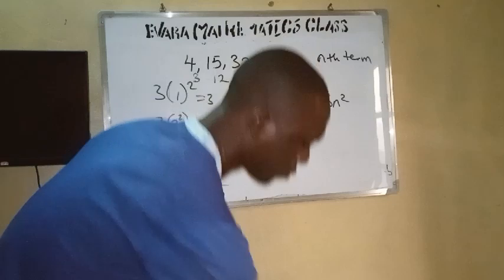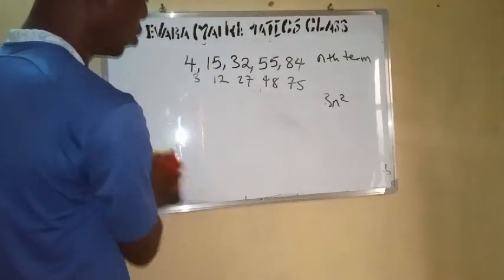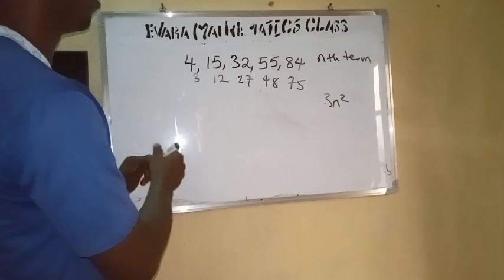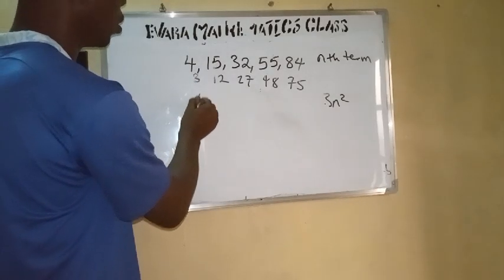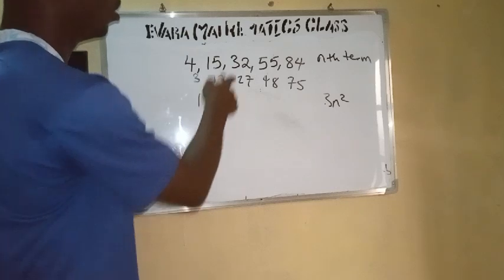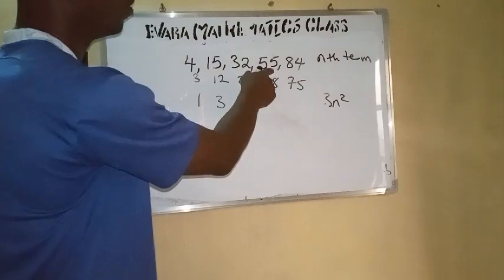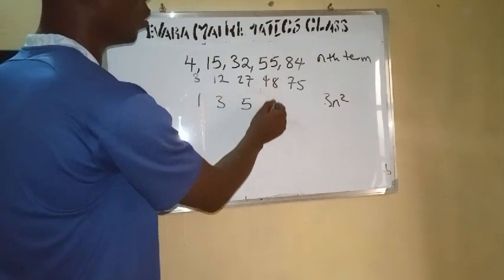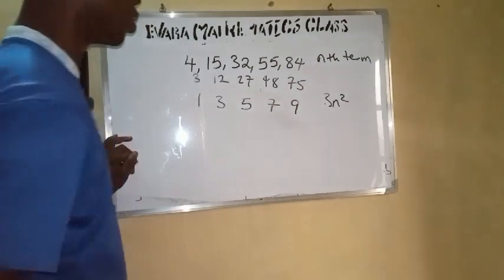Now we will find the difference between them, that is, we subtract. 4 minus 3 is 1. 15 minus 12 is 3. 32 minus 27 gives us 5. 55 minus 48 is 7. 84 minus 75 is 9.